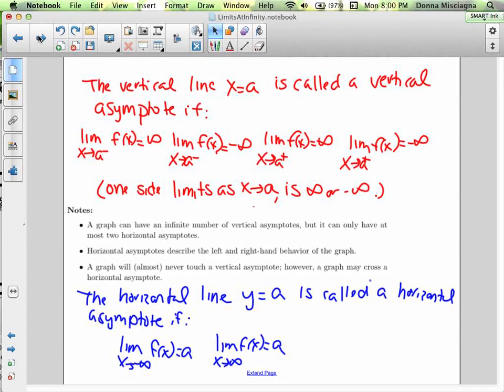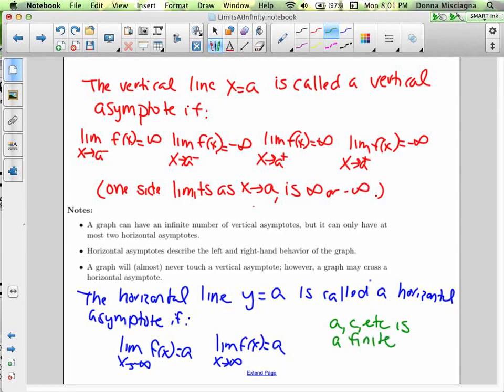So the horizontal line y equals a is a horizontal asymptote if the limit of f of x as x approaches negative infinity is a, or the limit of f of x as x approaches positive infinity is a. And so in all of these, a or c is some finite constant value. Notice in the vertical asymptote, it's the limit that's positive or negative infinity.